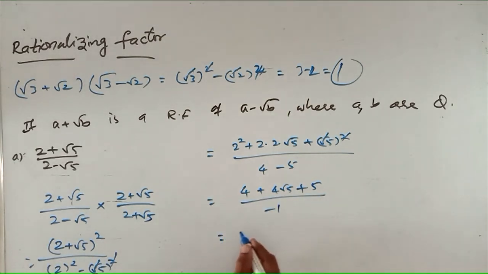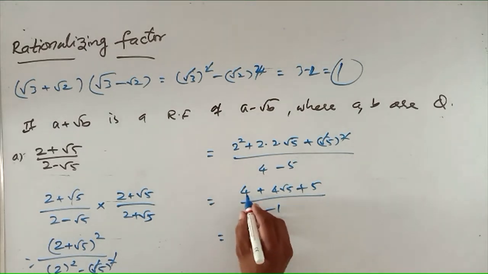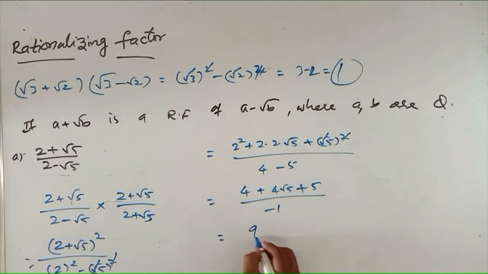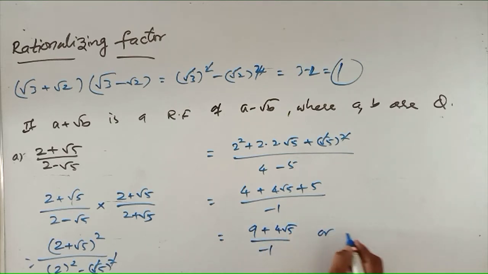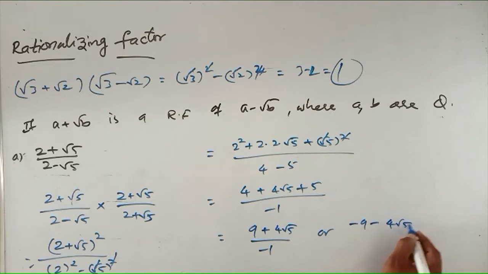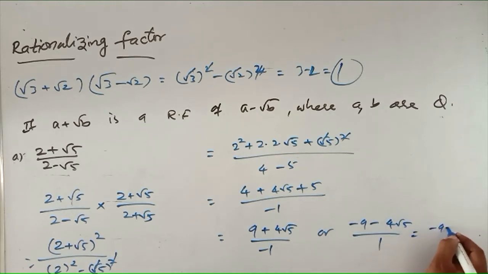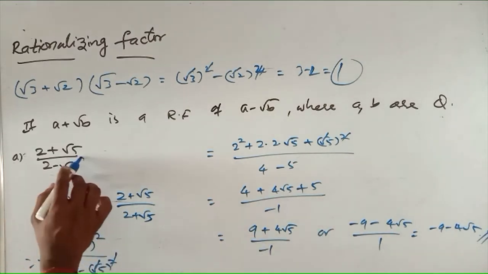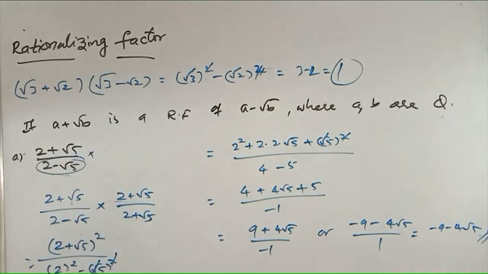That equals 4 plus 5 is 9, plus 4 root 5, by minus 1. Taking the minus to the other side, minus 9 minus 4 root 5 by 1, so minus 9 minus 4 root 5 is the answer. Simply, if the denominator has a minus sign, multiply and divide with the plus sign, and that is the rationalization and rationalizing factor.